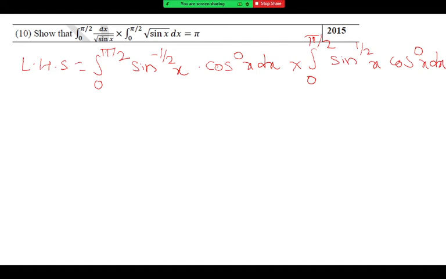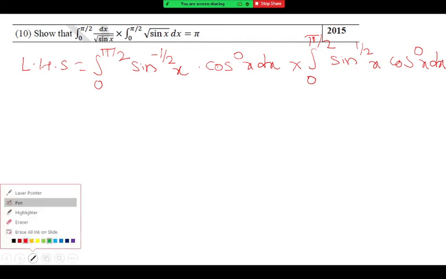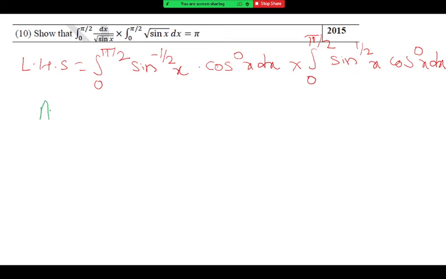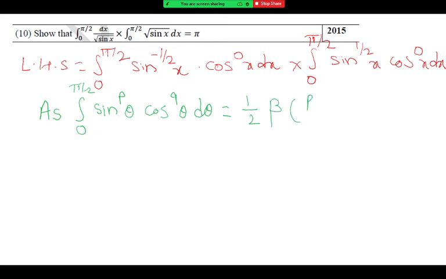Now we'll use that formula. Does anyone recall that formula? What is the trigonometric form of a beta? Which formula do we use to evaluate a trigonometric result? Instead of using 2m, I will use this formula: integral 0 to pi by 2 of sin raised to p theta into cos raised to q theta d theta, and the result is 1 by 2 beta of (p plus 1) by 2, (q plus 1) by 2.